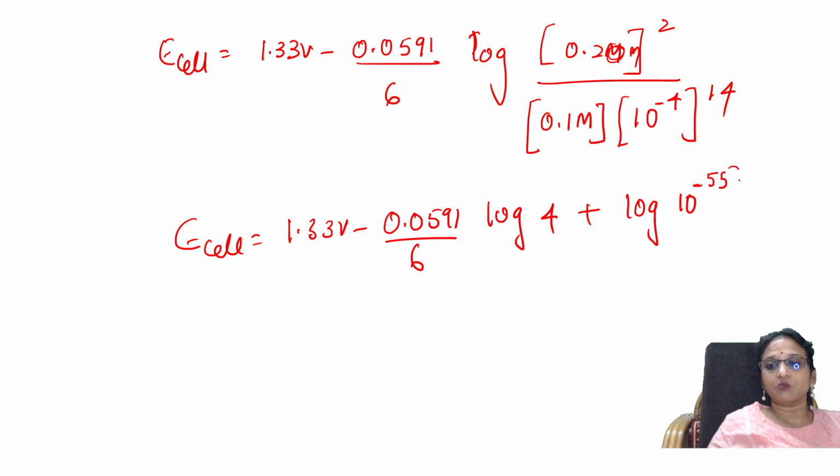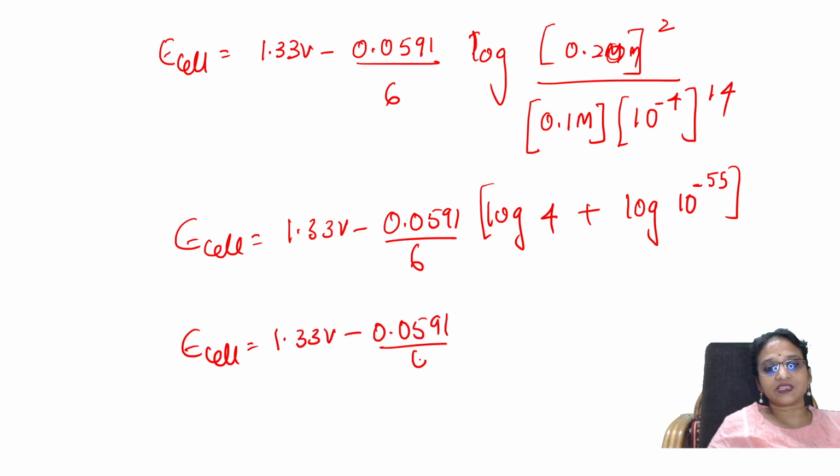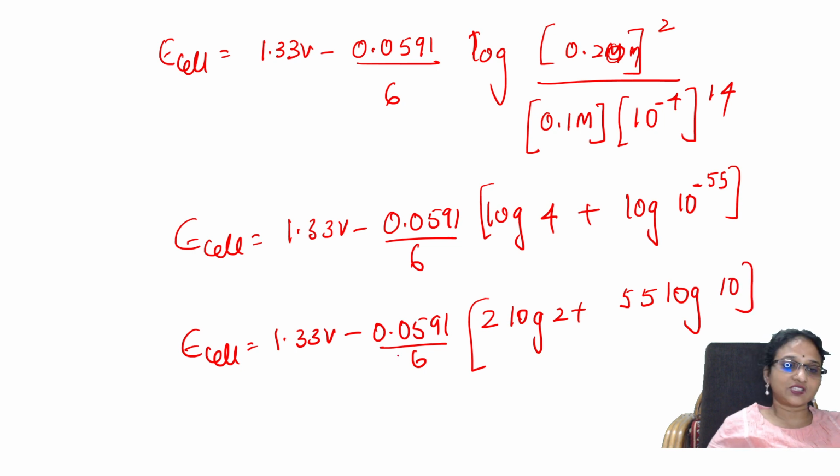So you have got both into log values, correct? This log 4, further you can simplify and write it as 1.33 volts minus 0.0591 by 6 log 4. Can you write it as 2 log 2? Yes, I can write it as 2 log 2 plus minus 55 power becomes 55 log 10, because your log 10 is 1.